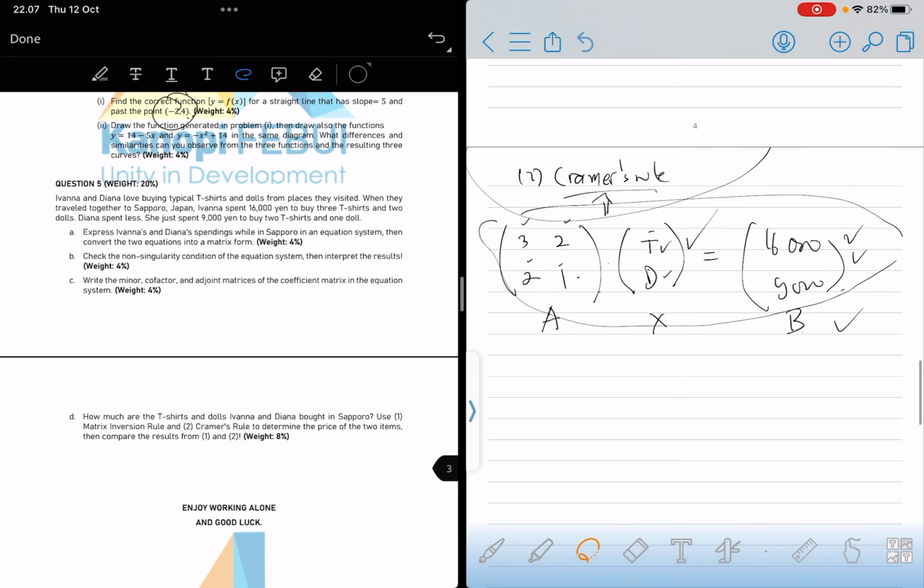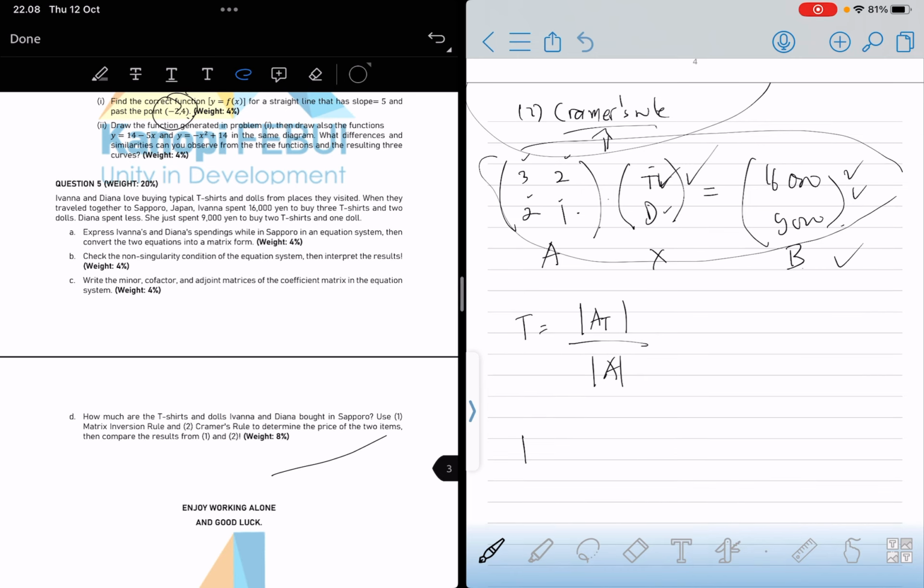Firstly, to find T, we have to find the determinant of AT over the determinant of A, and to find D is the determinant of AD over the determinant of A.